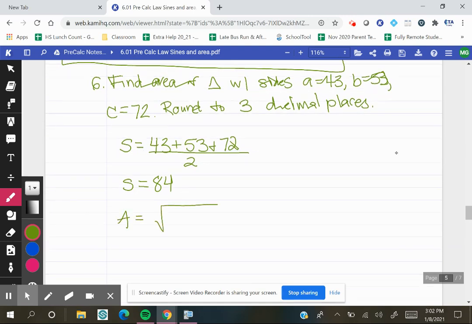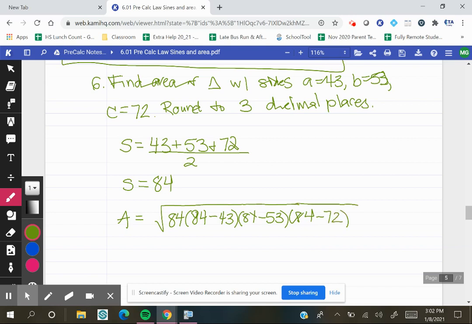So I'm going to take the square root of 84, and then I'm going to take 84 and subtract each side length here. So 84 minus 43, 84 minus 53, and 84 minus 72.